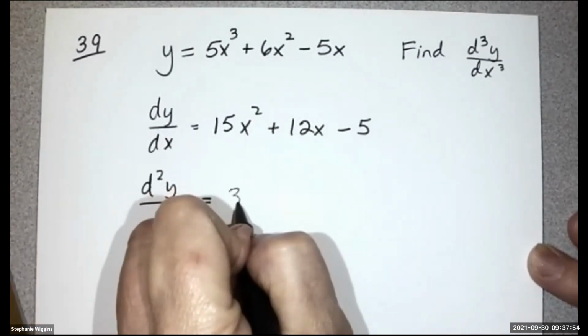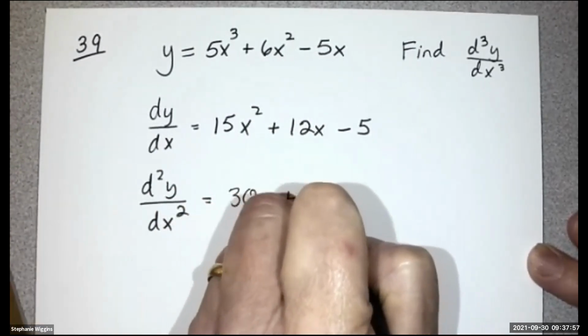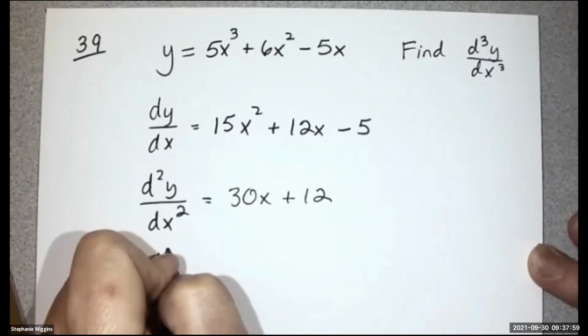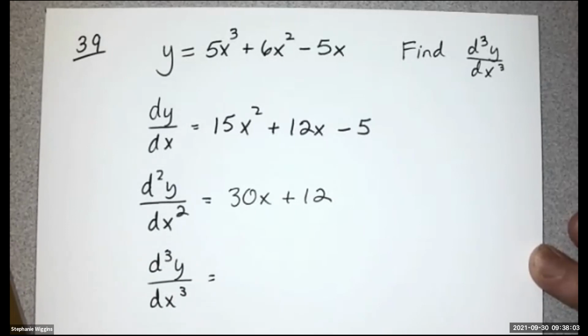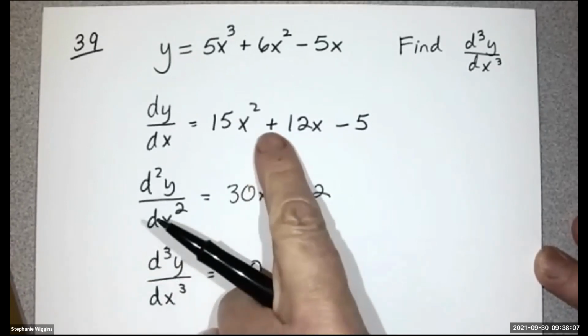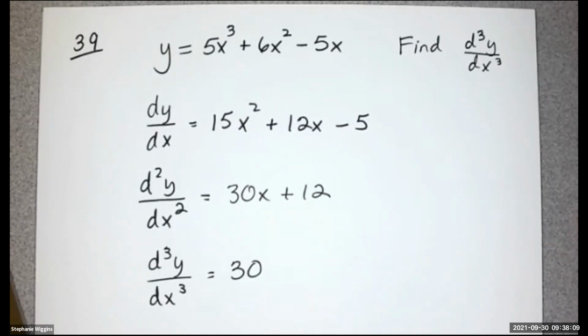So that becomes 30x plus 12. And then finally, to do that again, we get the third order derivative, which is just 30. So you take the derivative 3 times, and this is really more what I'm interested in that you can do.